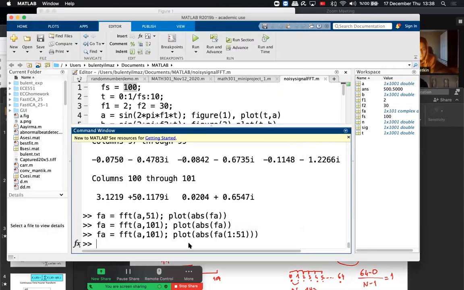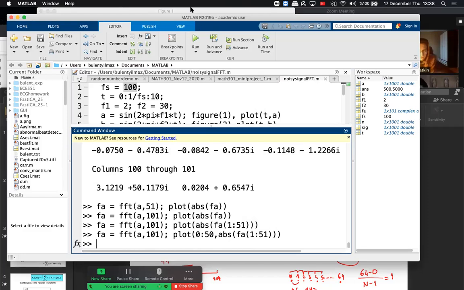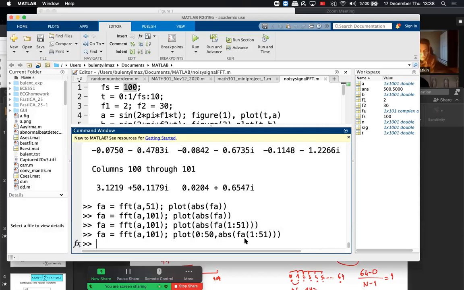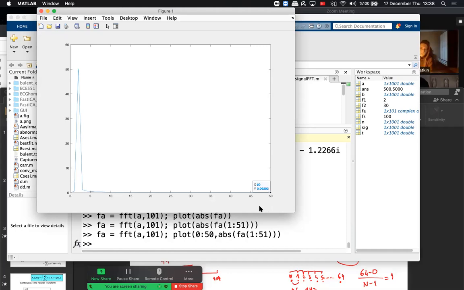But how should I plot it? 0 to 50. Now I have my correct FFT. DC at 0 hertz, I have my peak of the sine wave, and maximum is 50. Anlaşıldı mı arkadaşlar? Hocam, 50 is frequency range, right? 50 is my frequency range. My frequency range is between 0 and 50.